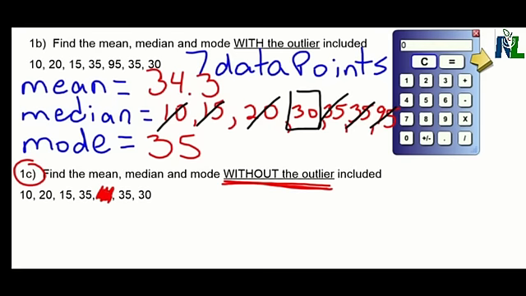We're now going to find what effect leaving the outlier out of the data set has on the mean, median, and the mode. So now let's look at the mean. Because we removed one data point, we only have 6 data points to worry about.